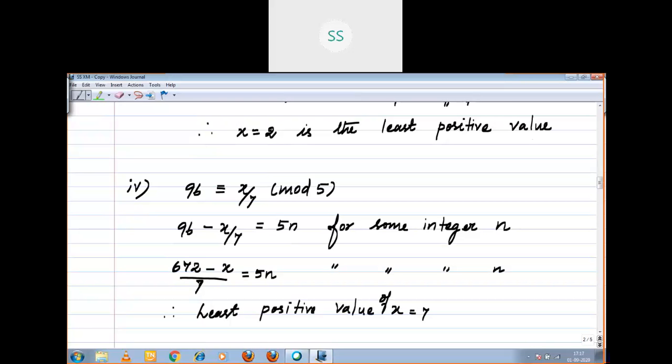If I substitute x equal to 7, I will show you this, right? 672 minus 7 divided by 7. 672 minus 7 means what can I get? 665, which is equal to what I wrote.